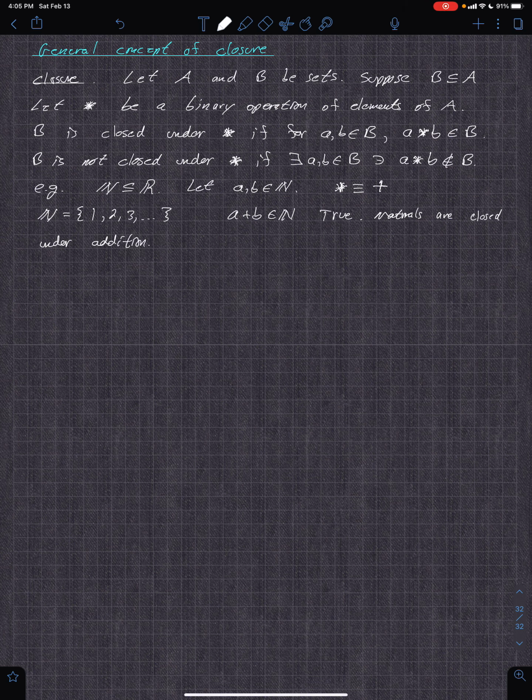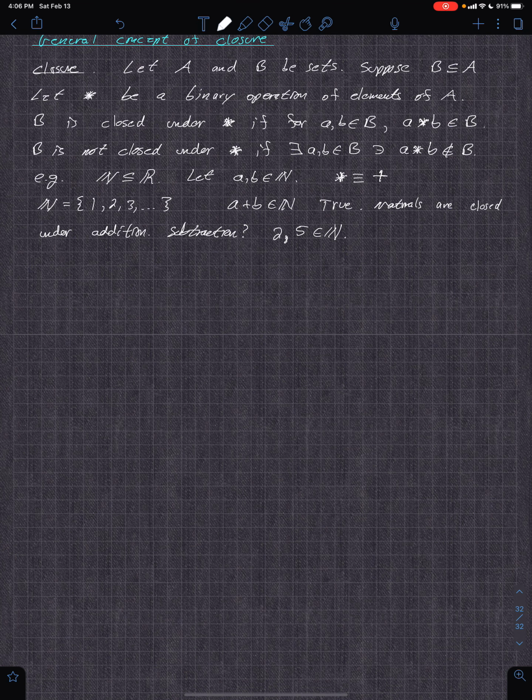Now, what about subtraction? All we have to show is that there exist two elements in the naturals such that their difference puts you outside the naturals. And that should be, if you think about it, pretty obvious. So let 2 and 5 be in the naturals; we know that.